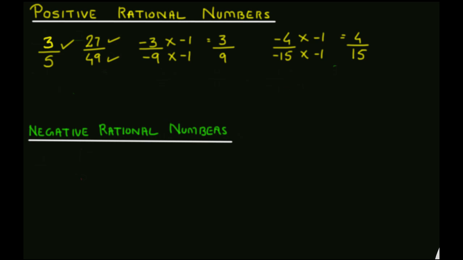Now what about the negative rational number? In the case of a negative rational number, if either the numerator or the denominator is negative, then the rational number is said to be negative.